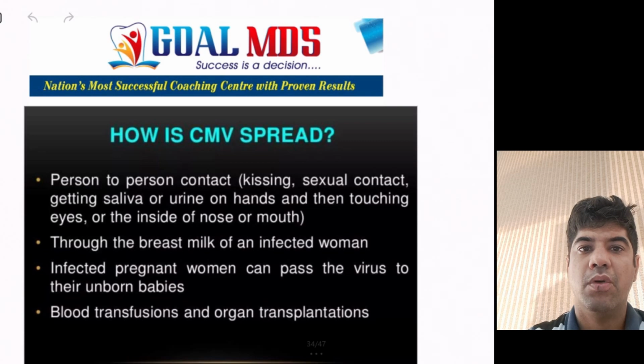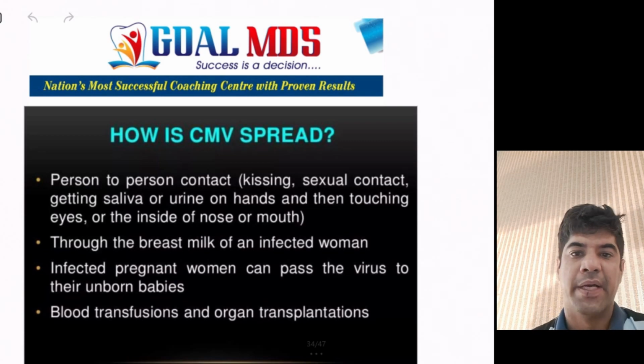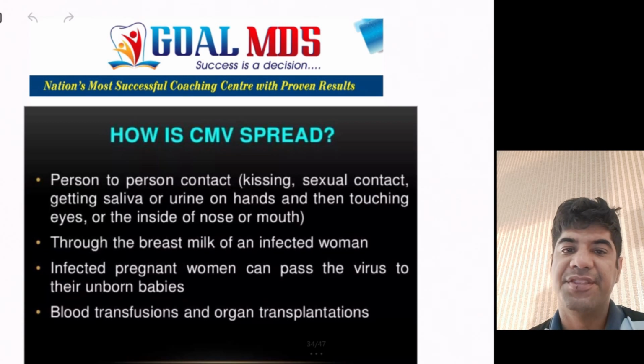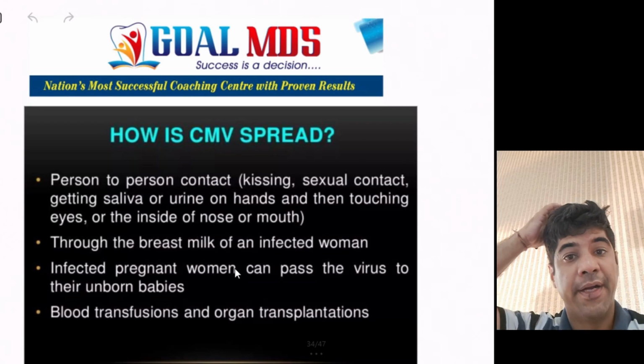Now how does this virus spread? The virus can be present in bodily fluids like saliva, blood, urine, tears, genital secretions and breast milk. It can spread through organ transplant.